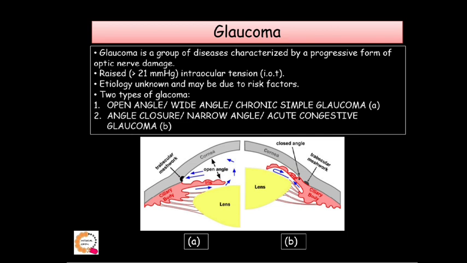Normally this IOT is 19 to 20 mmHg, but if it is raised to more than 21 mmHg, it creates pressure or tension in other parts of the eye, and this pressure-generated damage in the optic nerve ultimately leads to blindness.